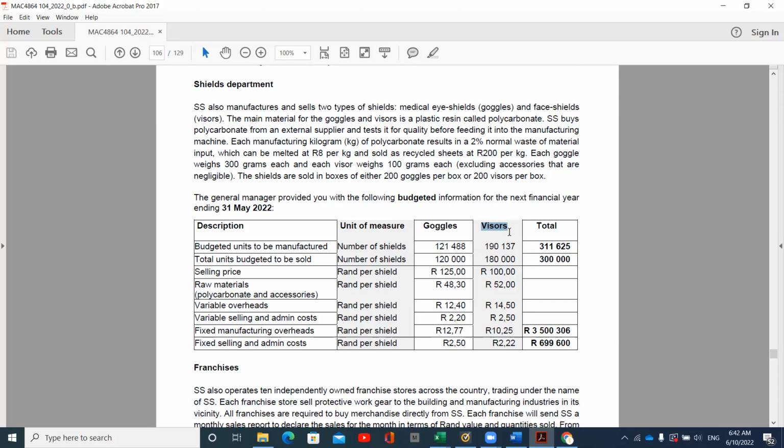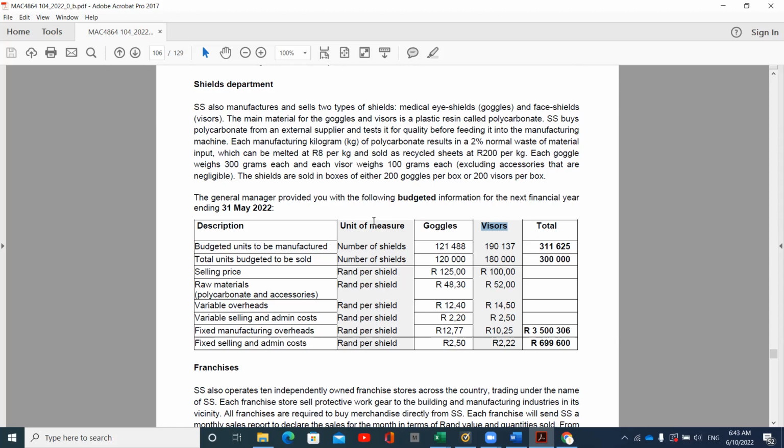Each manufacturing kilogram of polycarbonate results in a 2% normal wastage of material input, which can be melted at 8 Rand per kilogram and sold as recycled sheets at 200 Rand per kilogram. Each goggle weighs 300 grams and each visor 100 grams. The shields are sold in boxes of either 200 goggles or 200 visors. Once again, a unit is a box of 200.